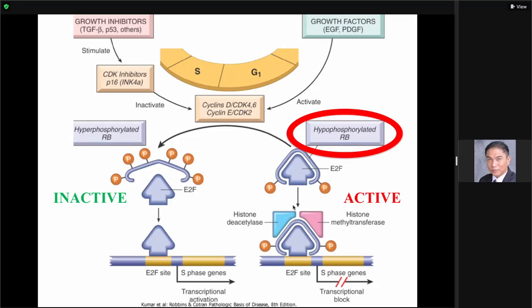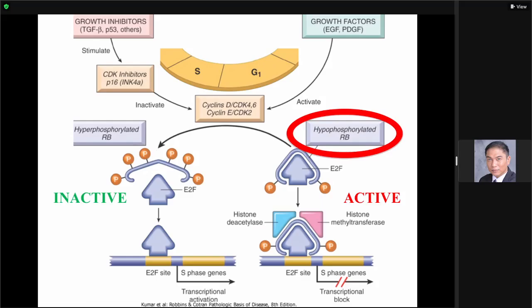So if they are active, they apply brake so there is no transcription. So kailan sila magiging inactive? If they are inactive, they will not apply brake. So there will be transcriptional activation. That will happen if they will be phosphorylated. So RB is inactive if they are hyperphosphorylated.